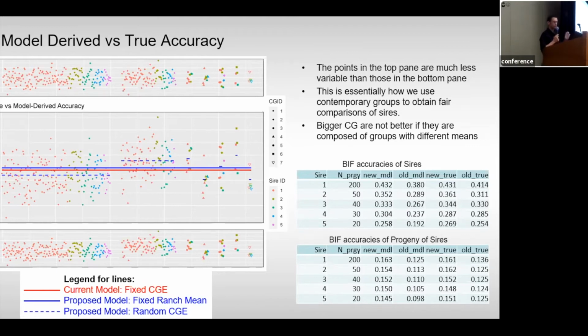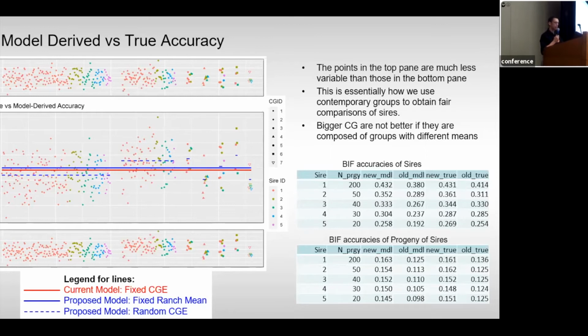And so the numerical values that you'll see here in these 2 tables, we have 5 different sires with simulated offspring, and it shows the number of offspring. I didn't change these column headings, but I should have. The new model versus the old model, that's really what we call the proposed model versus the current model.